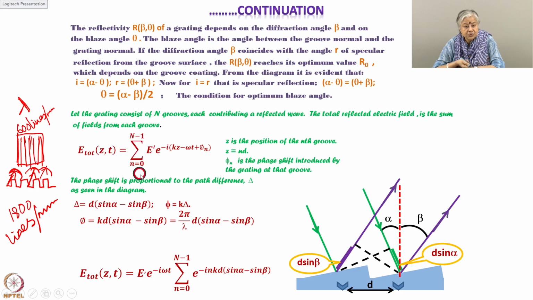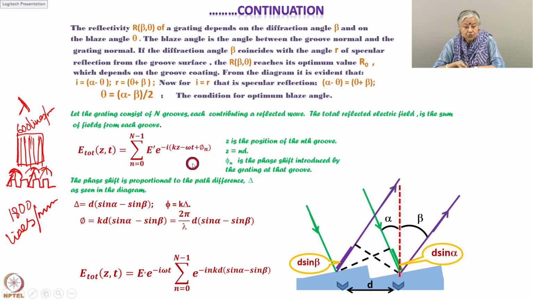which is given by the sum of all those small waves. Suppose there are n, because there are n grooves, so there will be n wavelets. So, it is proportional to E dash, some amplitude, and then e to the power minus i (kz minus omega t plus phi). Okay, this is like a standard wave equation of that field. Okay.